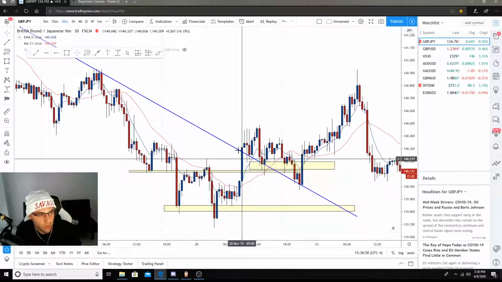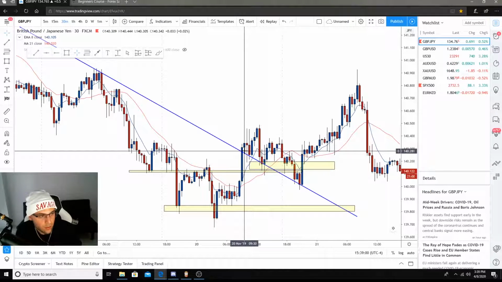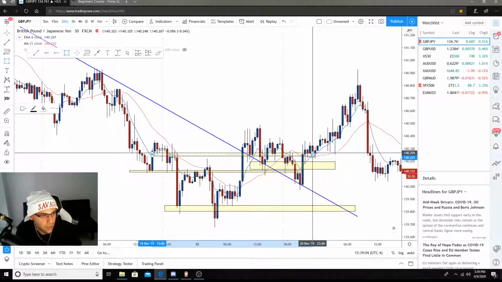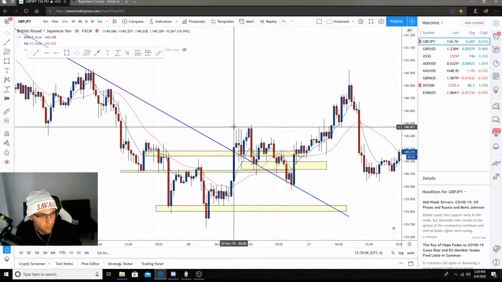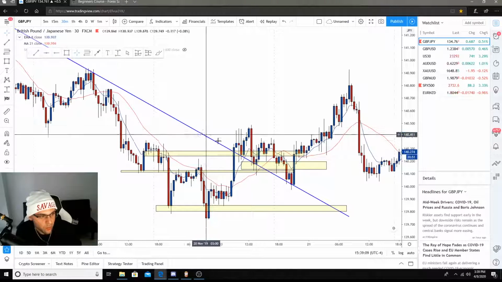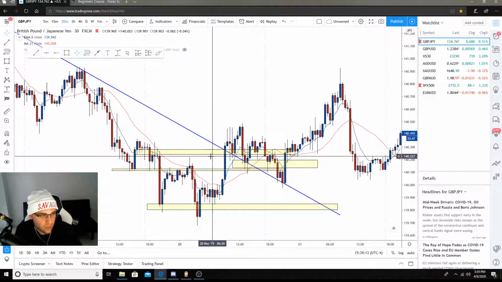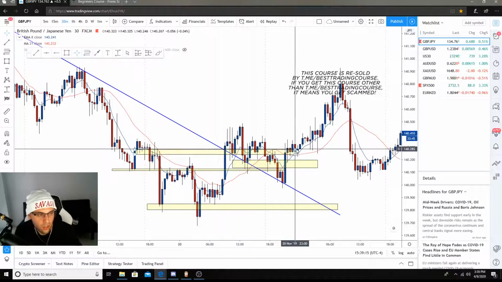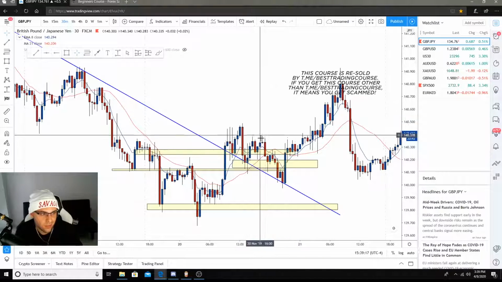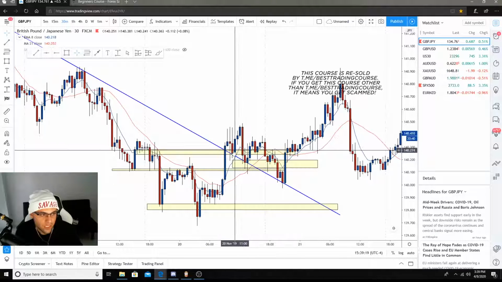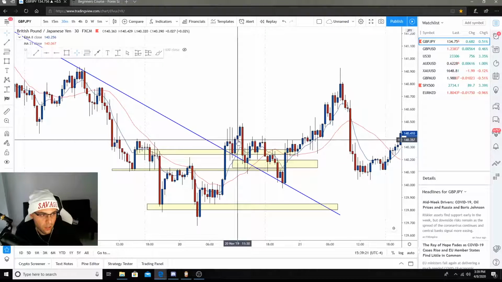Okay, so we broke above, but just like this level of resistance right here, even though we broke above resistance, and we broke above the trend line, if we would have just traded off a trend line, even looking at this resistance, hey, we could have taken a loss. You see that? Price came, boom, retested, created a long.